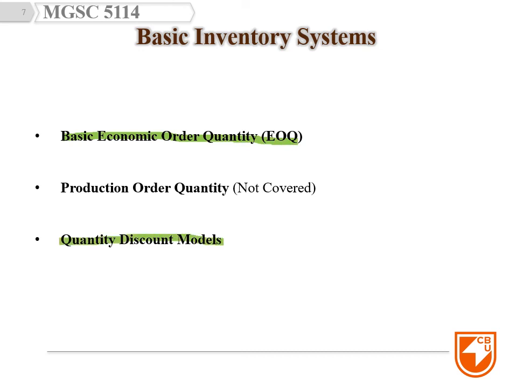For the rest of them, such as production order quantity or POQ, the slides are available as PDF and you can read them if you want to learn more about this topic. However, they will not be covered in your final exam. So from the next video, we will start discussing the assumptions and the ideas behind each of these models, starting from the basic economic order quantity.